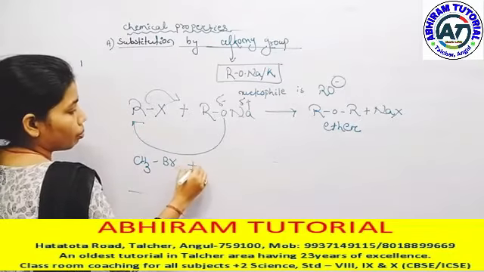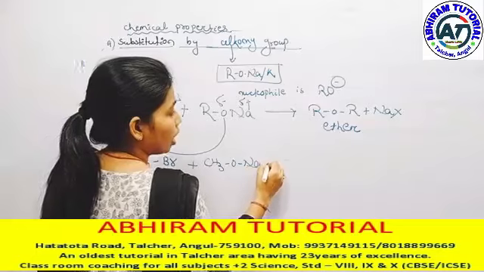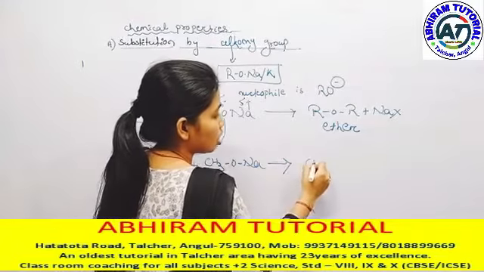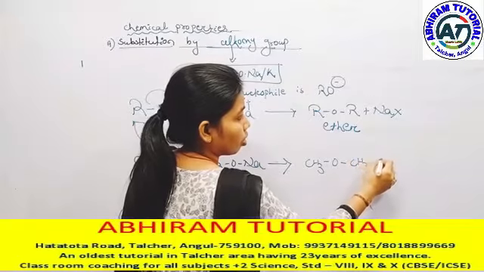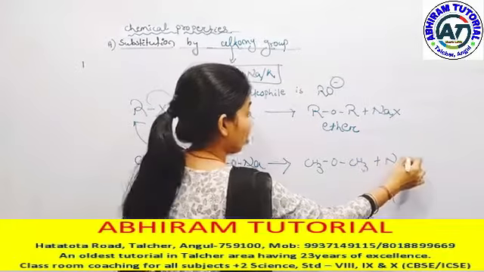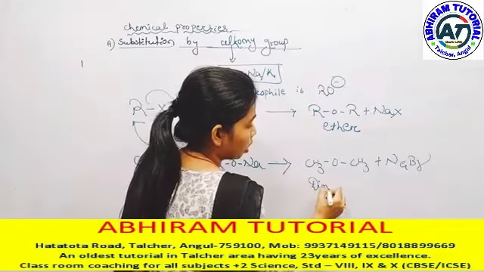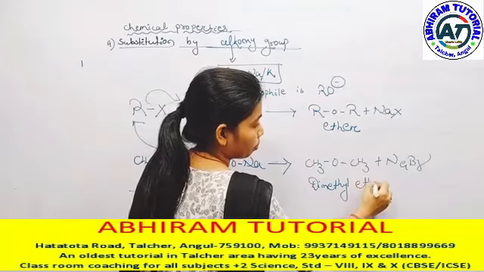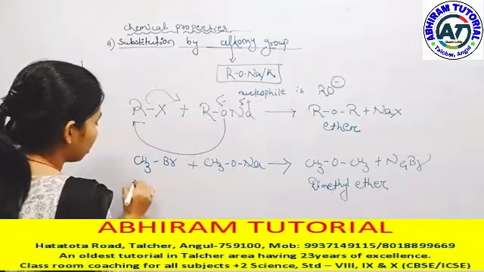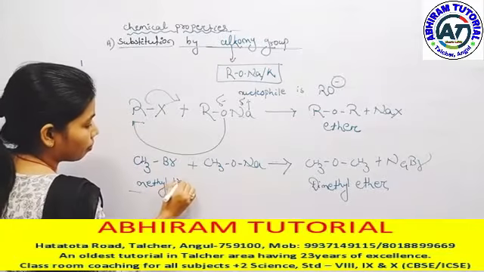CH3Br plus CH3ONa gives us CH3OCH3 plus NaBr, that is known as dimethyl ether, from methyl bromide.